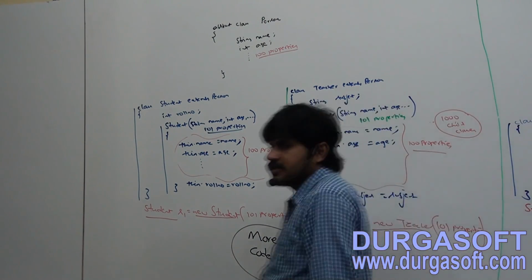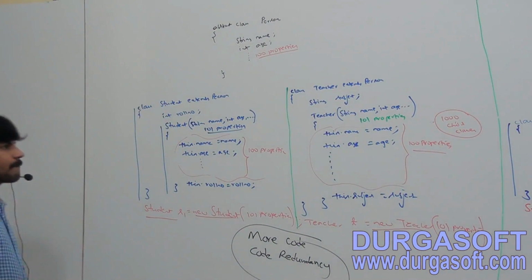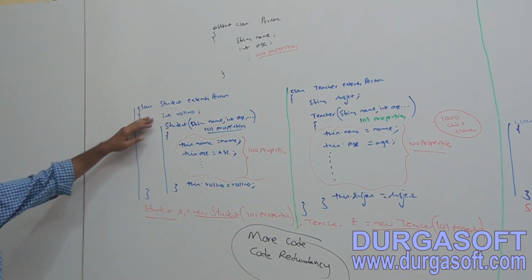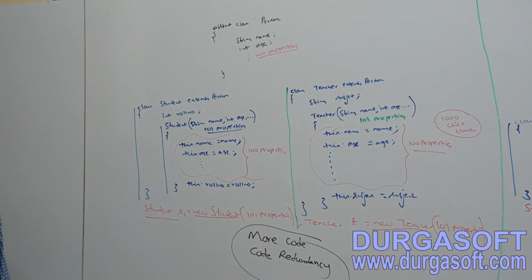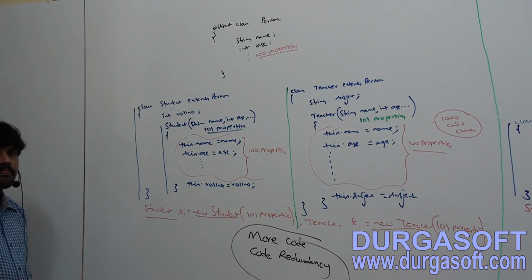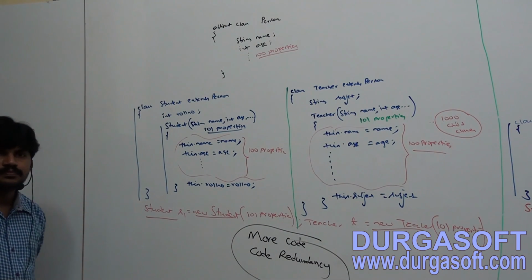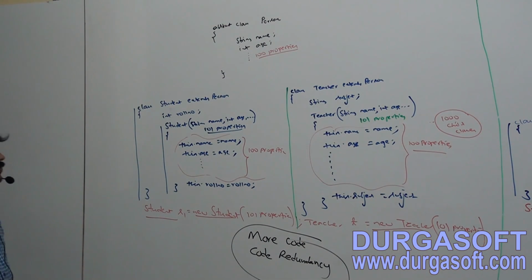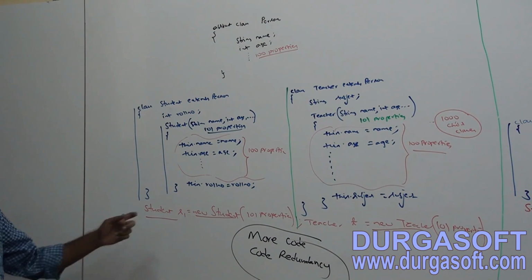Class Student extends Person, with int roll number, like that. It seems to be a very simple concept. Completed, I hope.